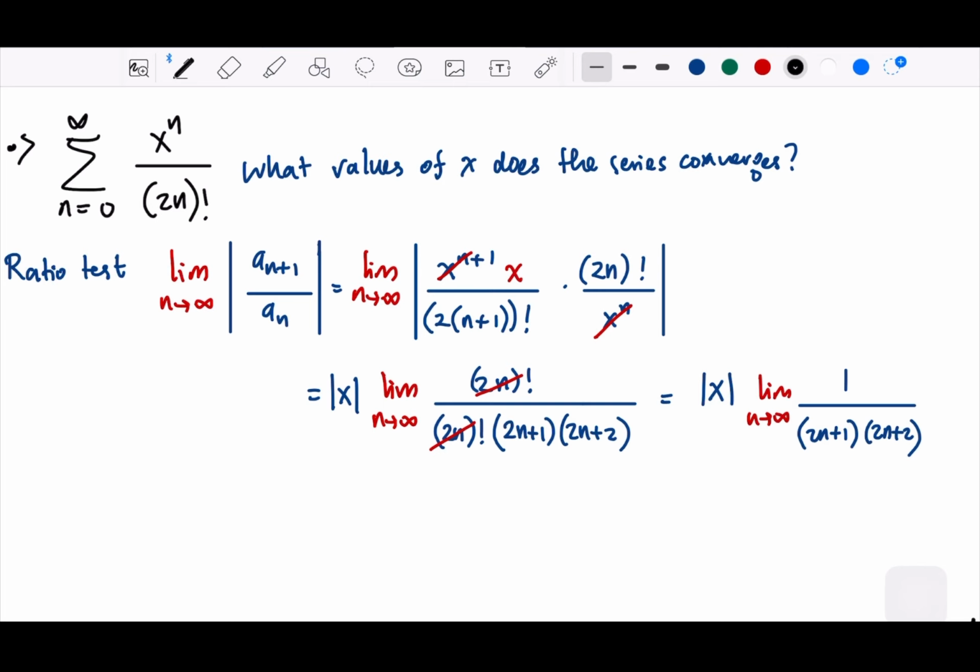So if you see the last one, no matter what x is, the limit will always be 0. So we can say that the series converges for all values of x.